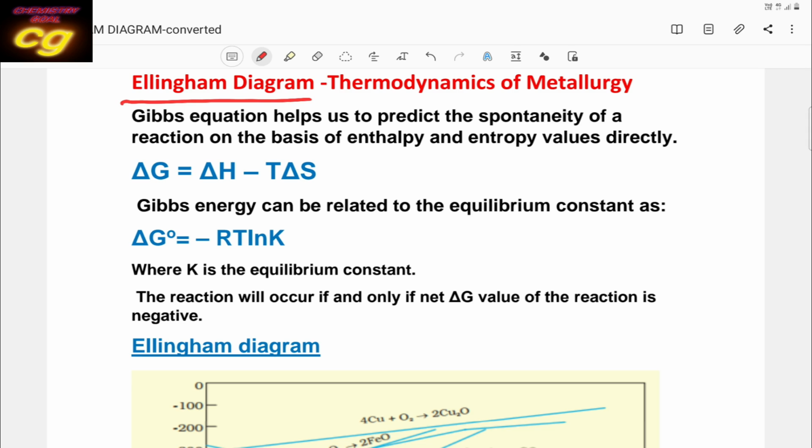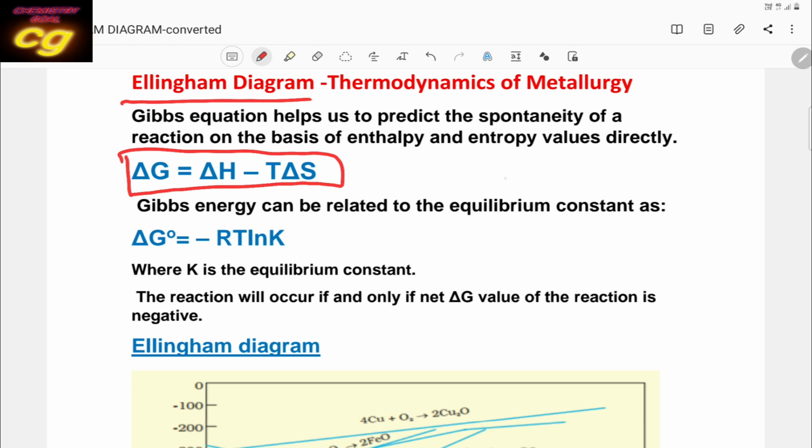You already know the Gibbs-Helmholtz equation, that ΔG is equal to ΔH minus TΔS. ΔG should be negative.